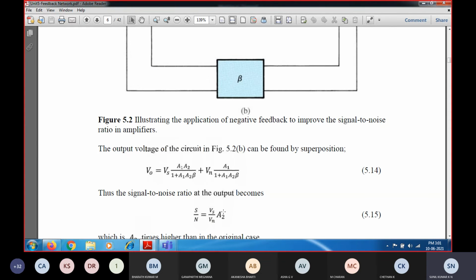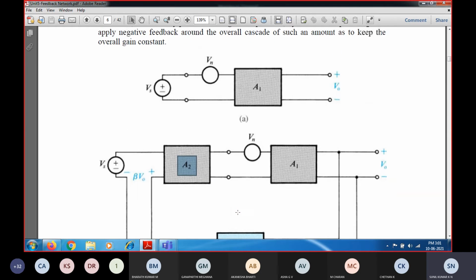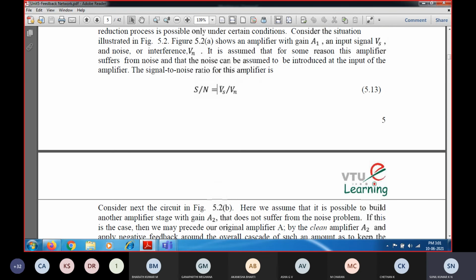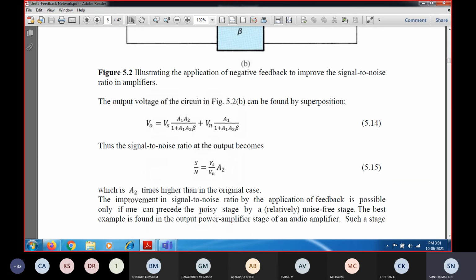In the previous case, the signal to noise ratio was just Vs by Vn. Now, when employing this negative feedback, it has been increased A2 times, to Vs by Vn into A2. So the signal to noise ratio has been increased by a factor of A2.